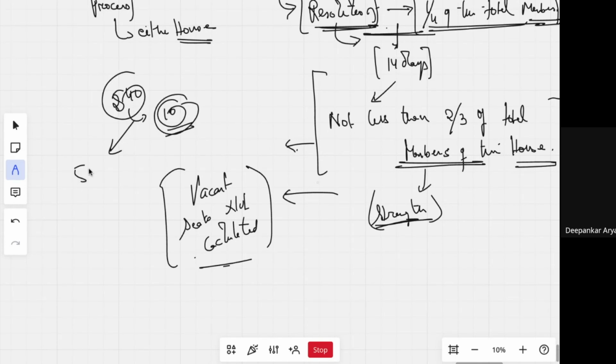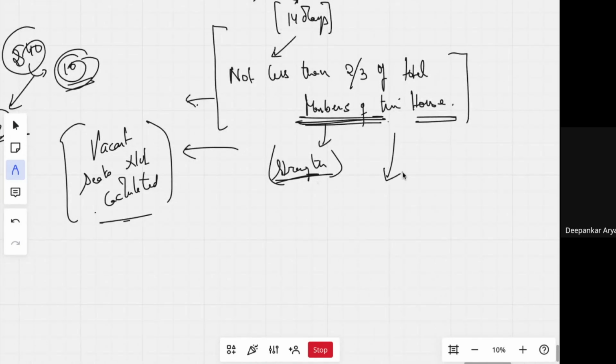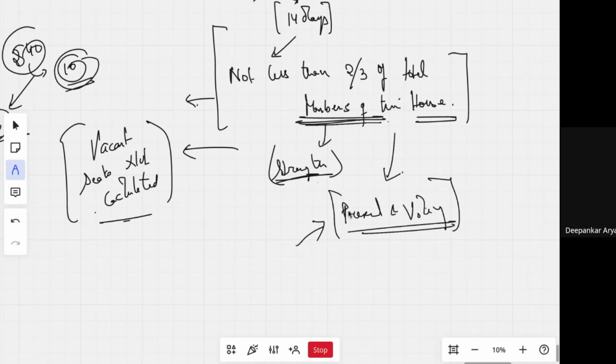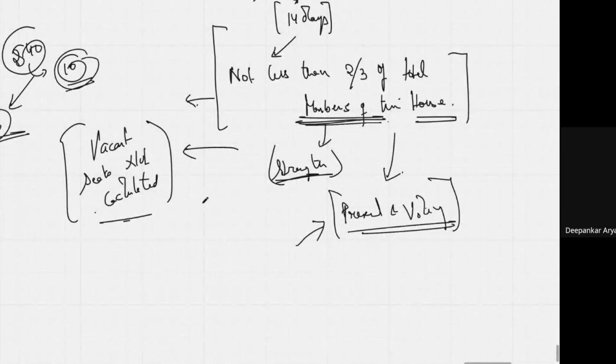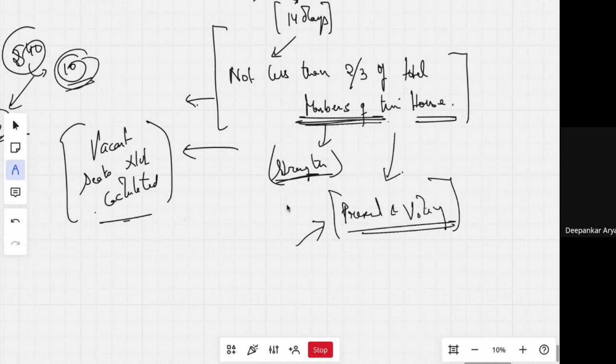So it will be calculated on the basis of 530 only, because it is the total members of the house. Now sometimes you'll find total members present and voting. Present and voting means total members available on that day. Is it clear? So in the Constitution you'll find various terms like simple majority, absolute majority.